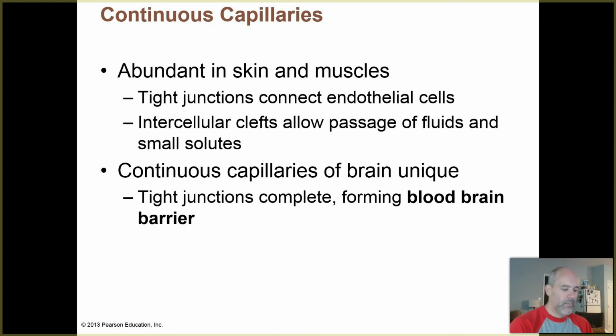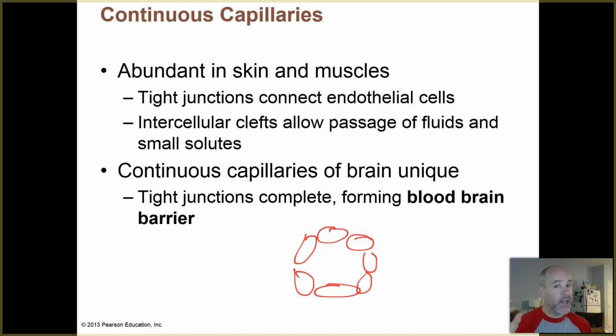And in these types of capillaries, as I was mentioning earlier, the wall of a capillary is just one cell thick, and those cells can be called endothelial cells because this is an endothelium. But just remember, when you see that, that's referring to a layer of simple squamous epithelial tissue that forms the inner lining of your blood vessels and also the inner lining of the heart.